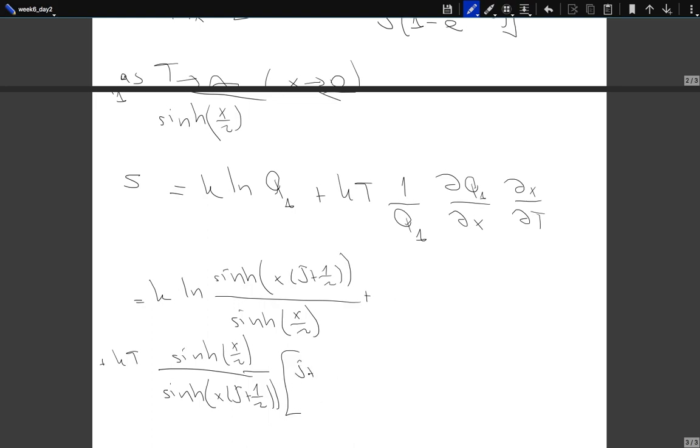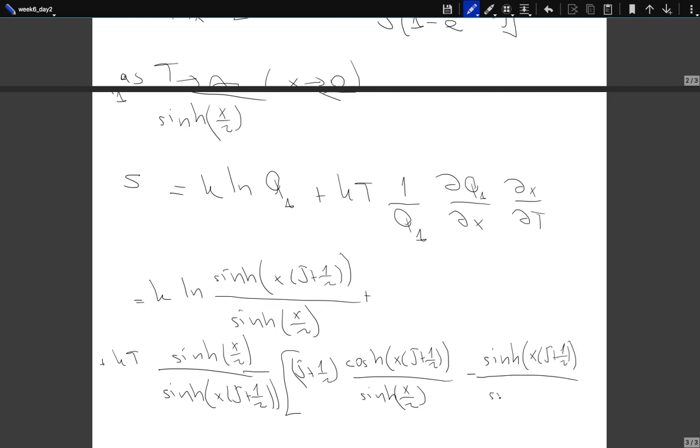So it's just (j plus 1 over 2) times cosine hyperbolic x times (j plus 1 over 2) divided by sine hyperbolic x over 2, minus sine hyperbolic x times (j plus 1 over 2) divided by sine hyperbolic squared x over 2 times 1 over 2, multiply all of this by minus x and divide by T. Basically that is the derivative of x with respect to T.